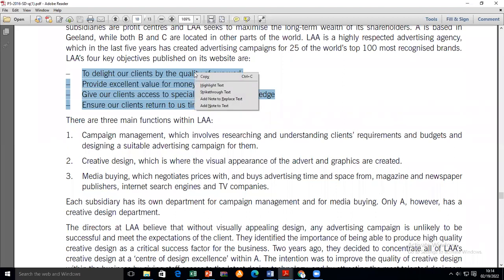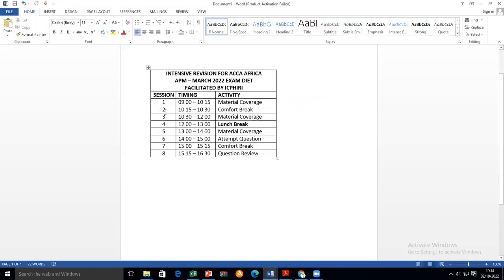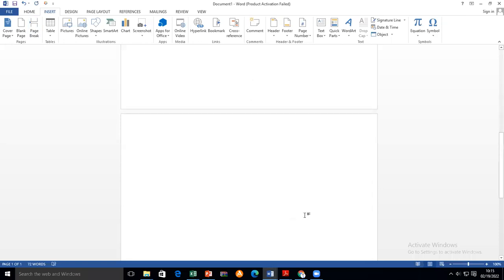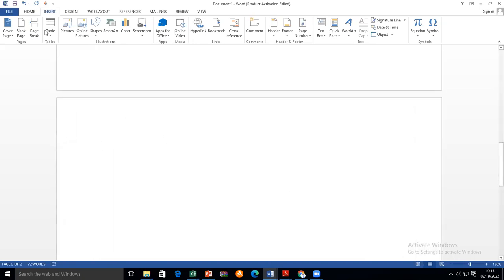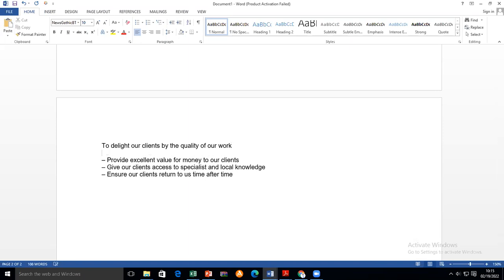This is now what is needed. That in the exam, we'll copy that and we're going to paste it somewhere. We'll come here and we are going to say, okay, so these are the objectives. So this is a sort of manipulation of data that is needed in the current exam dispensation.